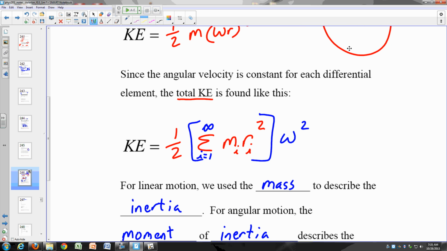So this is what we had here, where we say, if we add up all those little elements of our rotating body, then we can get an expression for its kinetic energy. But it's going to be in terms of this sum of m r squared for all the little elements, which all have the same mass, but they all have a different radius. They all have a different distance from the center rotation axis.